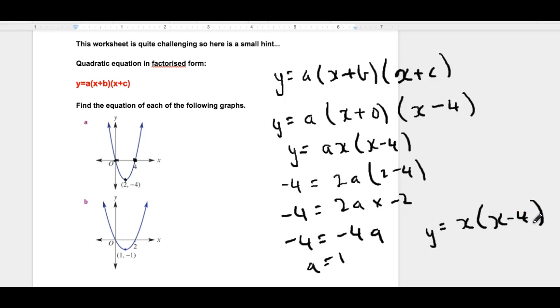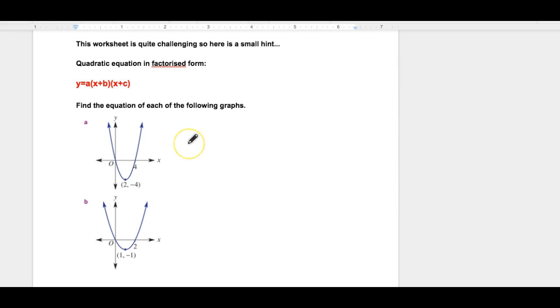Okay, so we had two equations. This one was in factorized form, the other one was in turning point form. So I'm going to write them both again. Hopefully I can remember. So factorized form and turning point form. Okay, so if I've remembered them correctly, they should be the same graph.